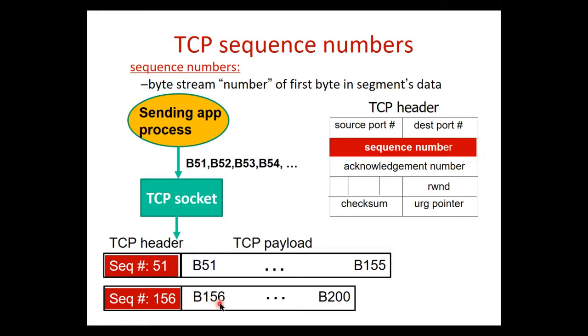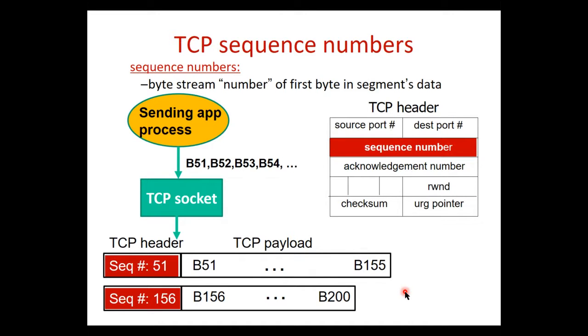It is always the number of the first byte in the payload. Any question on the TCP sequence number? In this example, the sequence number is 51, and then the sequence number of the next packet is 156. Essentially it counts the bytes, not the packets.